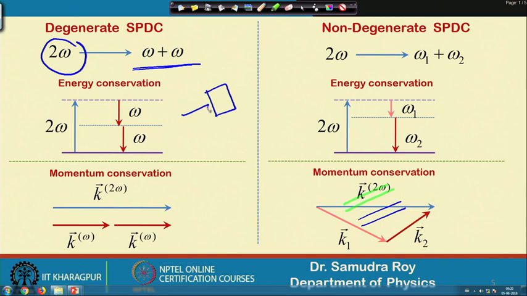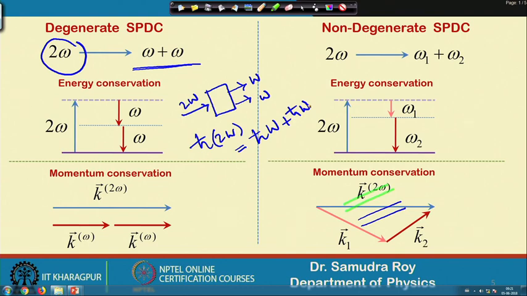I am launching a frequency 2 omega and one omega and one omega is generated. The energy conservation is valid here, because in the diagram, this is the old diagram, the energy conservation shows that h cross of 2 omega, the energy of the photon of 2 omega frequency, is equal to h cross omega plus h cross omega.